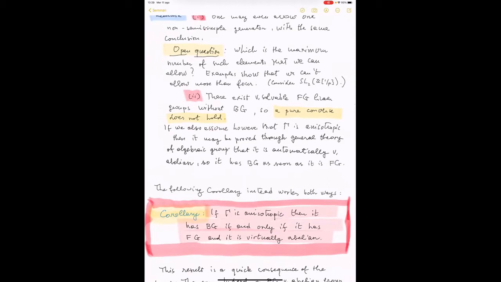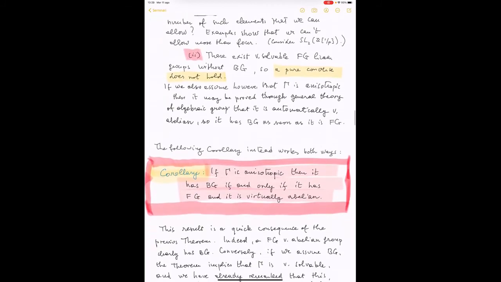However, if we also assume that gamma is anisotropic, then it may be proved through general theory of algebraic groups that, if it is virtually solvable, it is automatically virtually abelian. So it has bounded generation as soon as it has finite generation. So the following corollary in practice works.